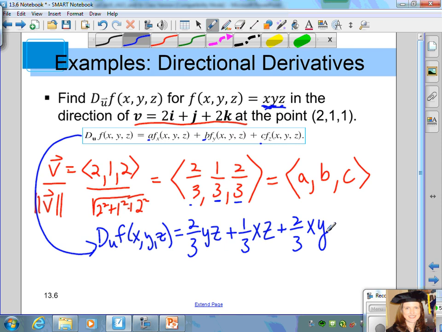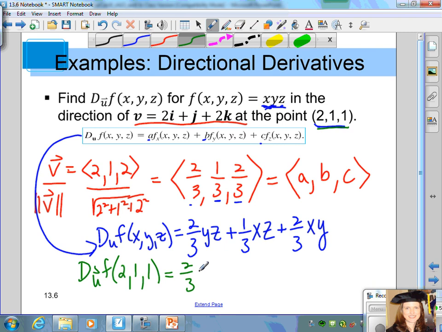Now we are ready to plug in the point (2, 1, 1). So the directional derivative in the direction of that unit vector of the function evaluated at the point (2, 1, 1), we're plugging in 2 for x, 1 for y, and 1 for z.